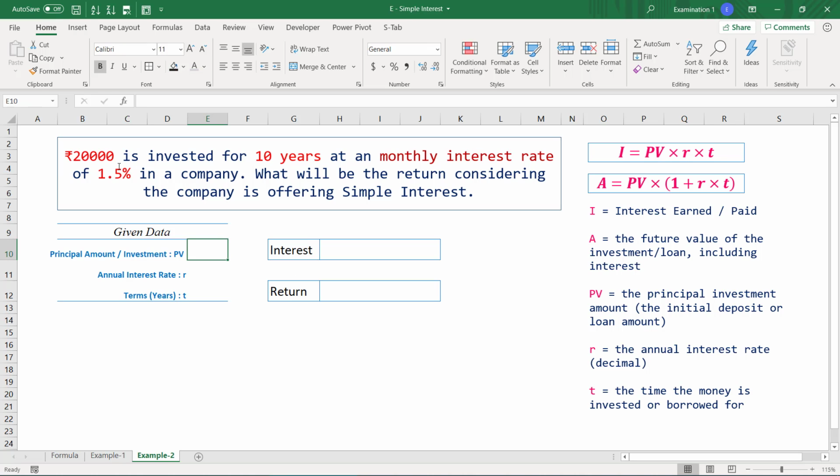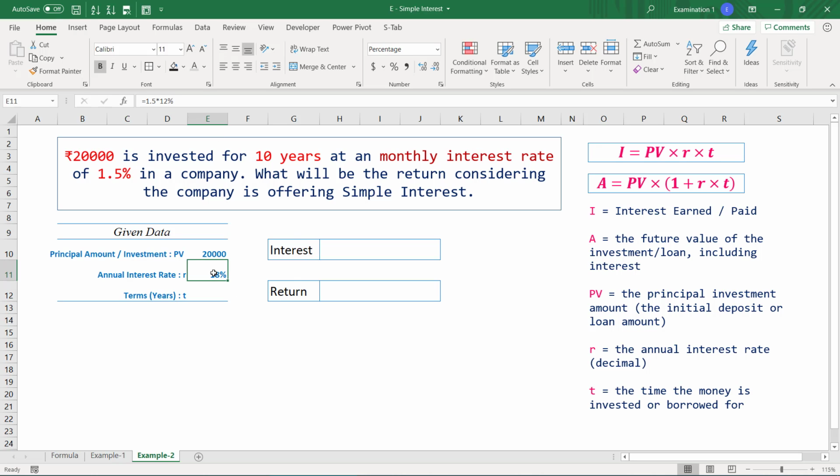So PV is going to be 20,000. R is going to be 1.5 into 12 because the year has a total of 12 months. I forgot to mention the equal to sign beforehand.